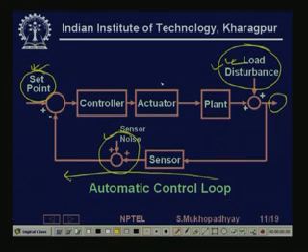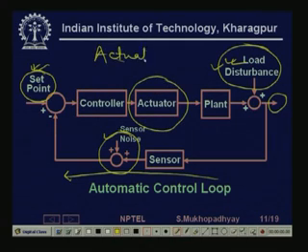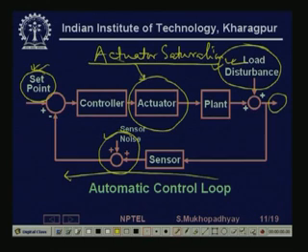For example, one thing that very regularly happens is actuator saturation. That is, the actuator cannot really drive enough input into the plant as the controller wants. The controller makes unreasonable demands that the actuator cannot meet. So it is because of these things that the control problem is not elementary, and you have various kinds of difficulties.